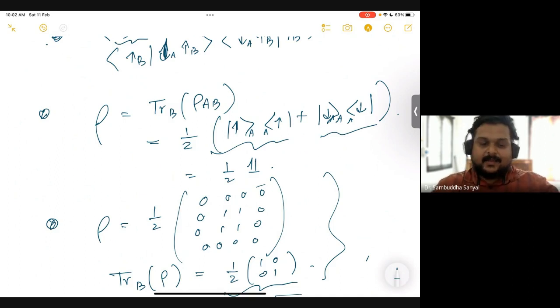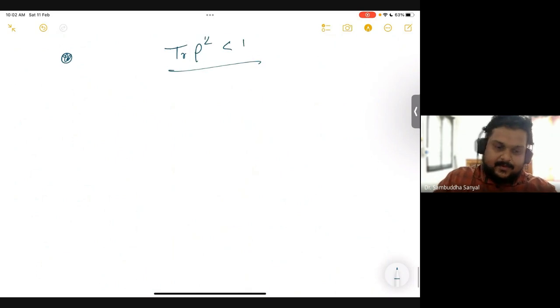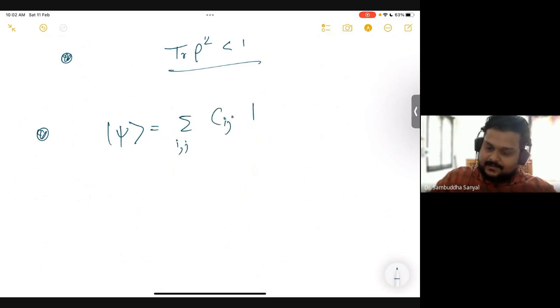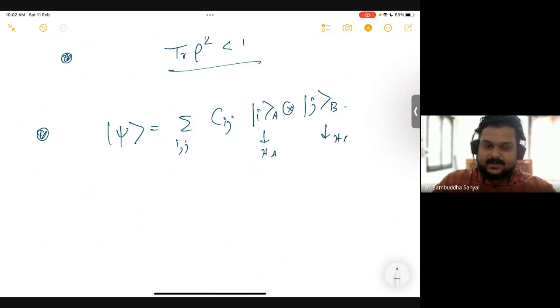Okay? So now let me do it in a more general way. I'm just outlining this. You can do the calculation. So I can write down this thing |i_A, j_B> for any generic pair, not just up down. Okay, this is the A Hilbert space basis. This is the B Hilbert space basis.